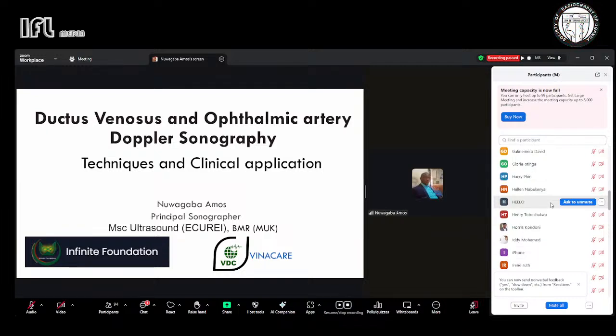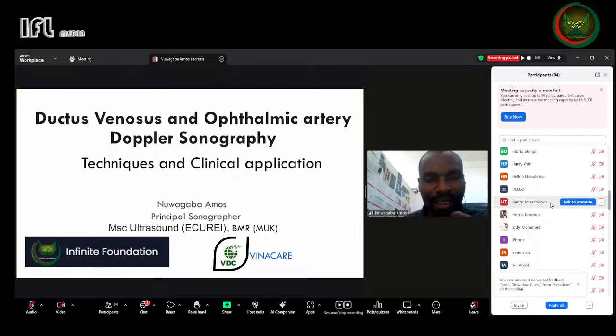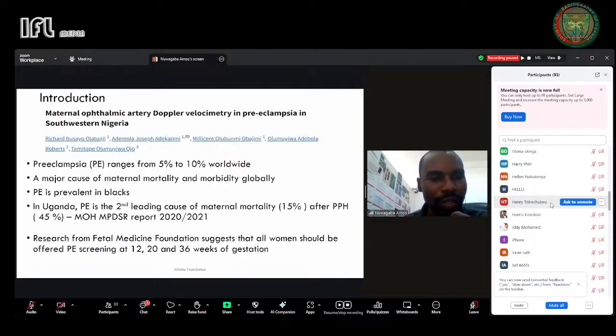So we are going to look at the technique and clinical application. I will start with the burden of disease. According to Richard Busayo Olatuji and his colleagues, who conducted a study in Nigeria, the prevalence of preeclampsia ranges from 5 to 10% worldwide, and it is a major cause of maternal mortality and morbidity globally.